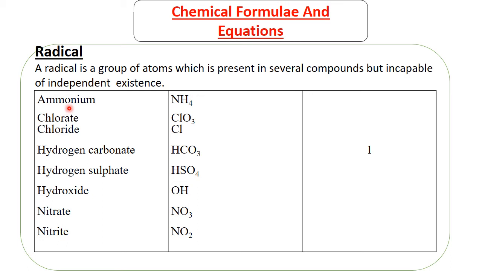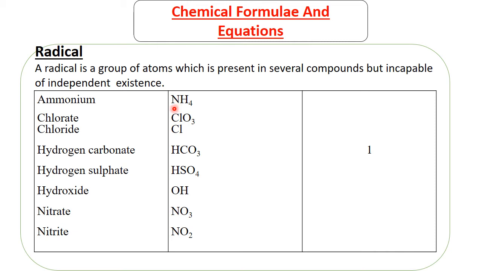The first example of a radical is ammonium. There's this NH4. Nitrogen and these 4 hydrogen atoms have a tendency of being found together in this form NH4, and they will always have this formula NH4, and they will combine with different elements to form compounds.